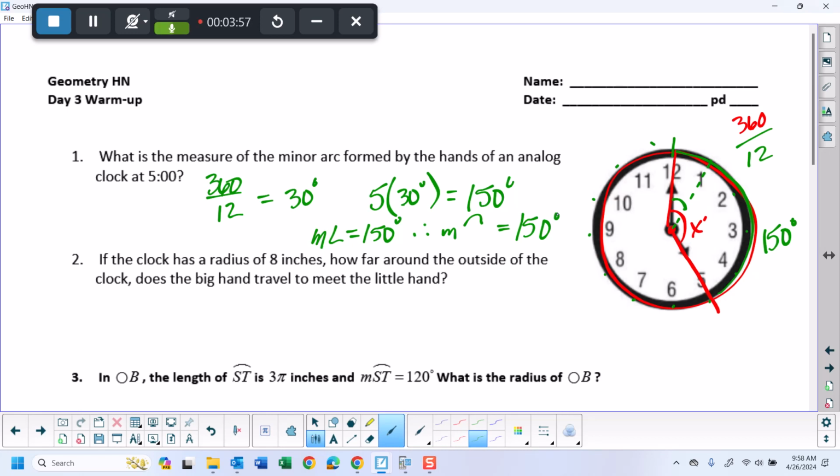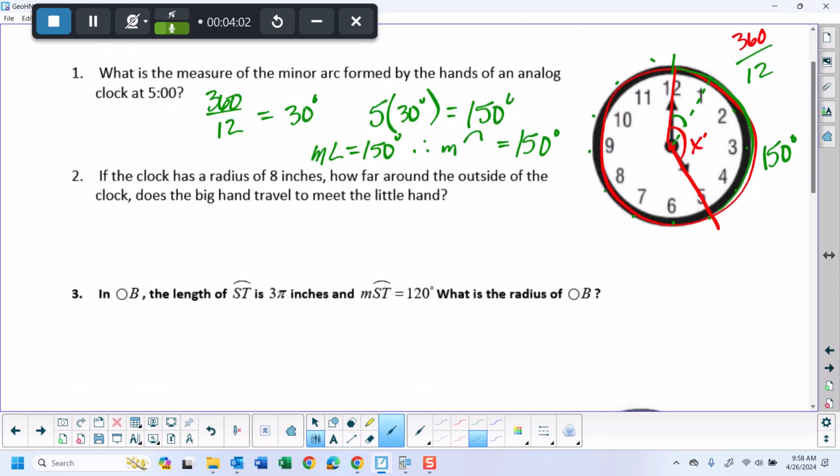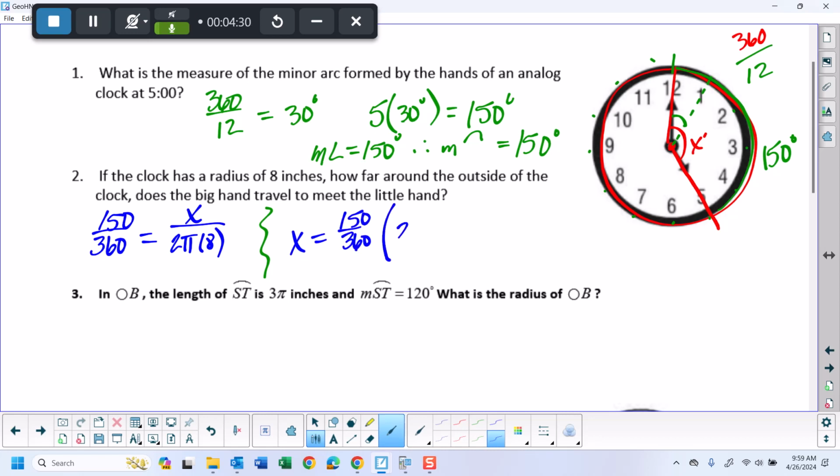When I talk about how much does it take to travel this distance to the 5, what I want to know is if I have 150 out of the 360 degrees, what is the length of that compared to the entire distance around the clock, which is going to be my circumference, which is 2 pi r. We keep doing things in 2 ways because maybe it's easier for you to see that distance is equal to this fraction of my whole distance around.